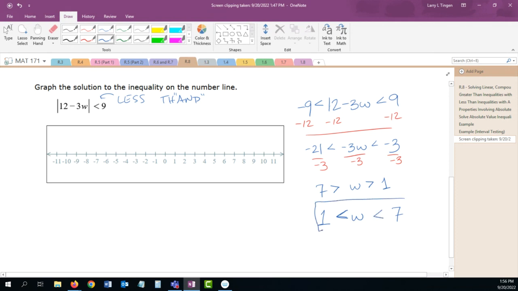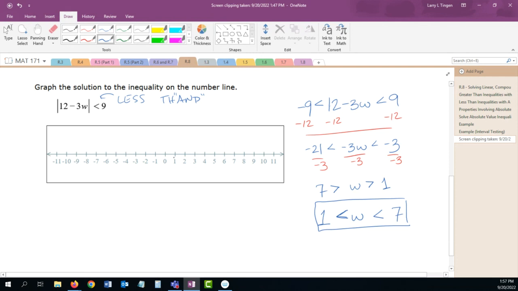All I did was make sure that my inequalities kept the relative side toward the same thing. In this greater than, the symbol is open toward the 7, closed toward the W. In this one, it's open towards the W, closed towards the 1.